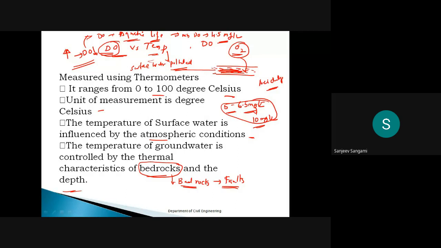Then I said that the relation is: if the temperature is increasing, DO will definitely decrease. Even you are not supposed to drink hot water. Doctors will say that you are not supposed to drink hot water immediately.